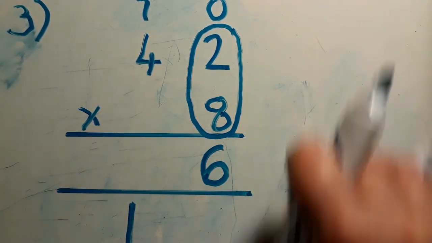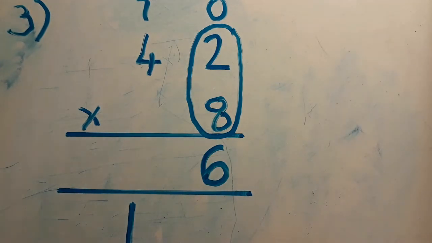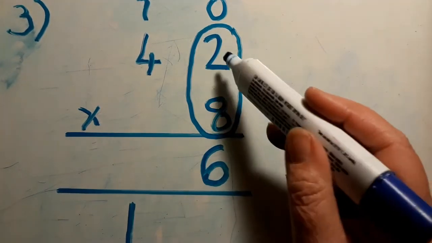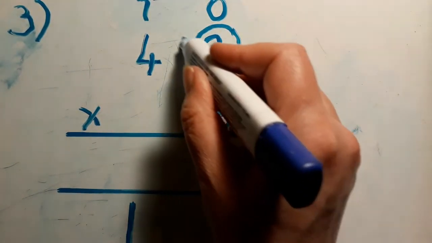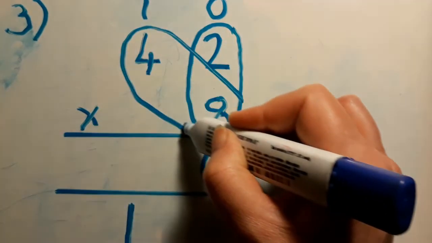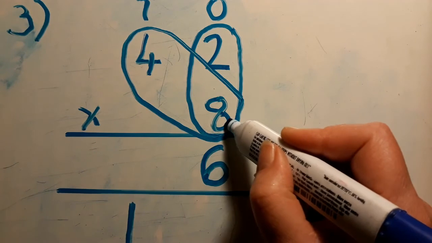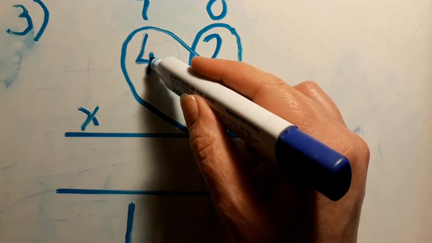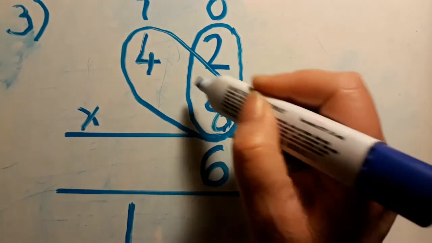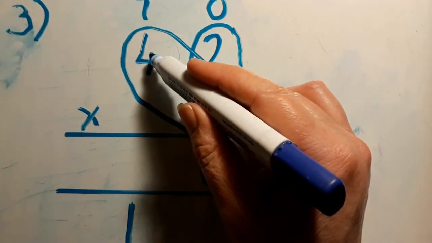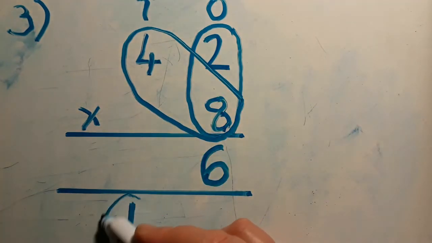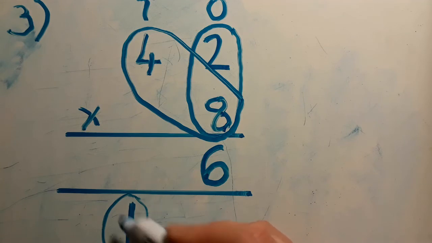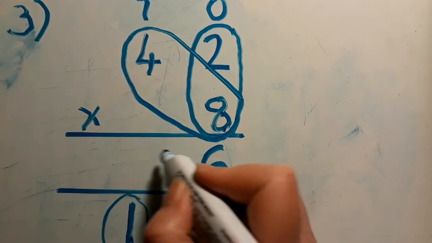Okay, alright. So when you've multiplied the digit in the ones, you then have to multiply the digit in the tens. So we now do 8 times 4, or 4 times 8, and 8 times 4 is 32, but we need to add the 1 ten that we exchanged to give us 33.